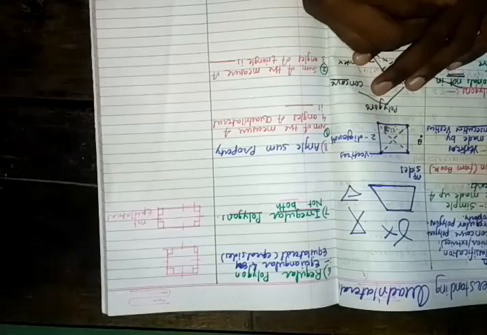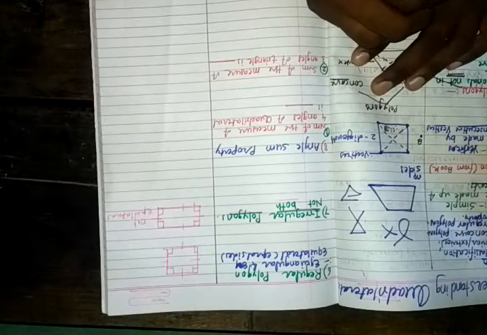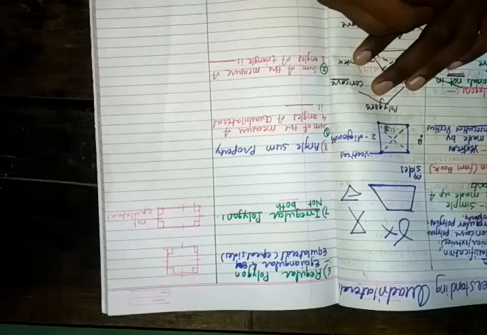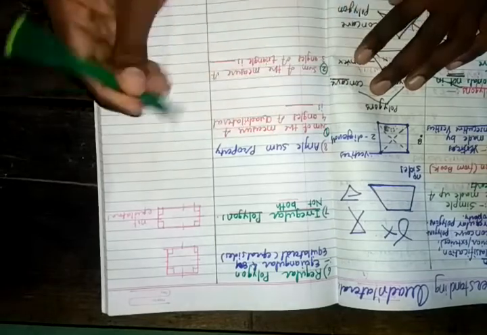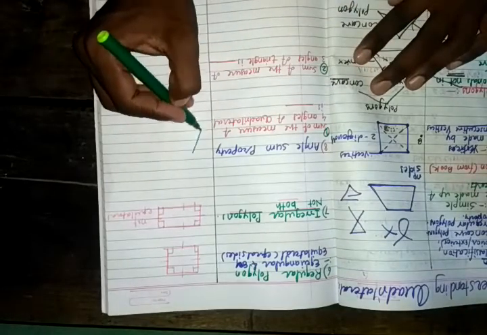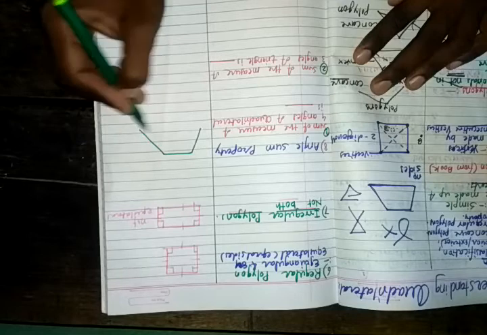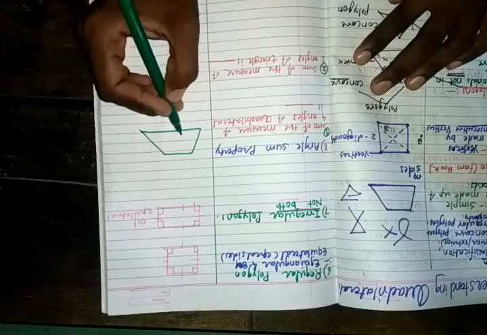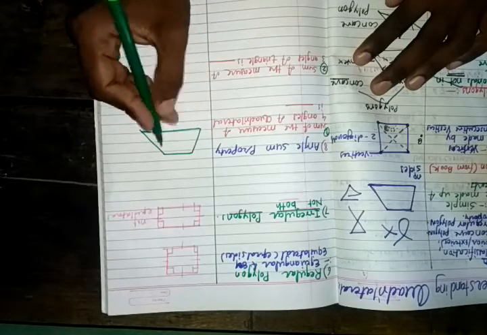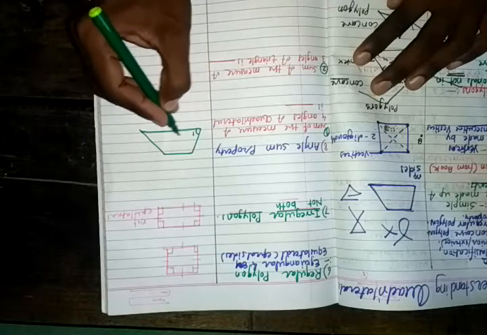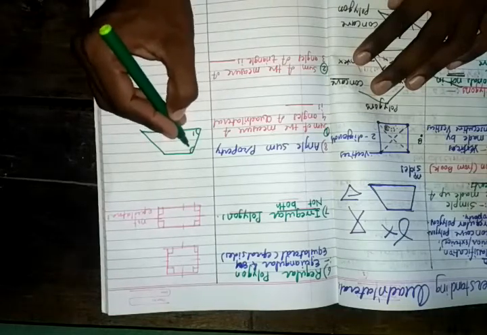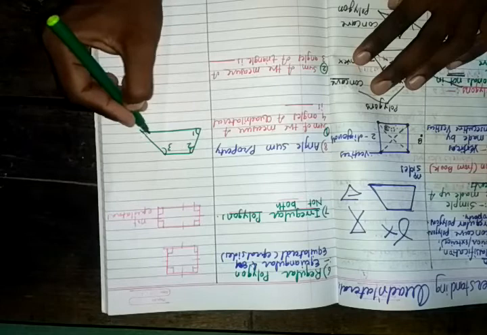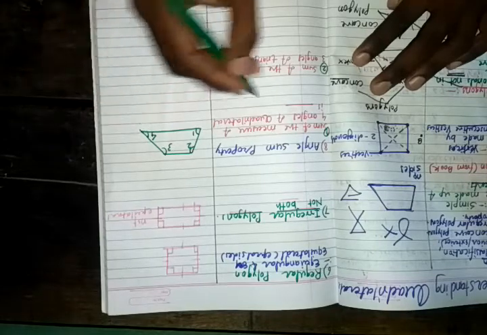Angle sum property means we have to find the sum of the angles of a quadrilateral. Suppose I am drawing one quadrilateral. You know a quadrilateral has four angles. This is angle 1, this is angle 2, angle 3, this is angle 4.